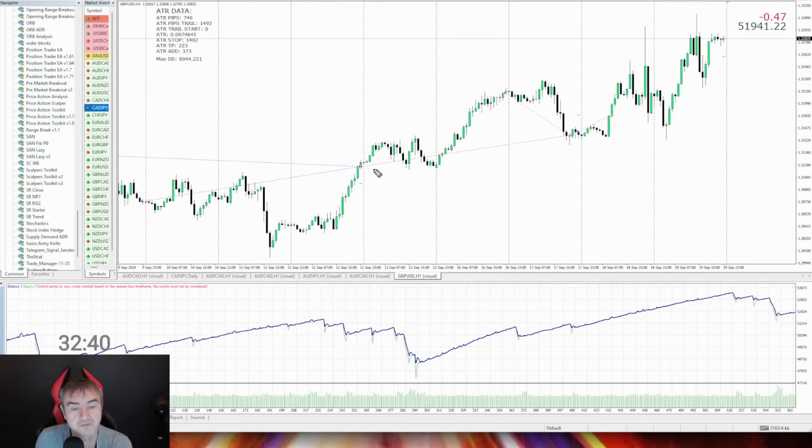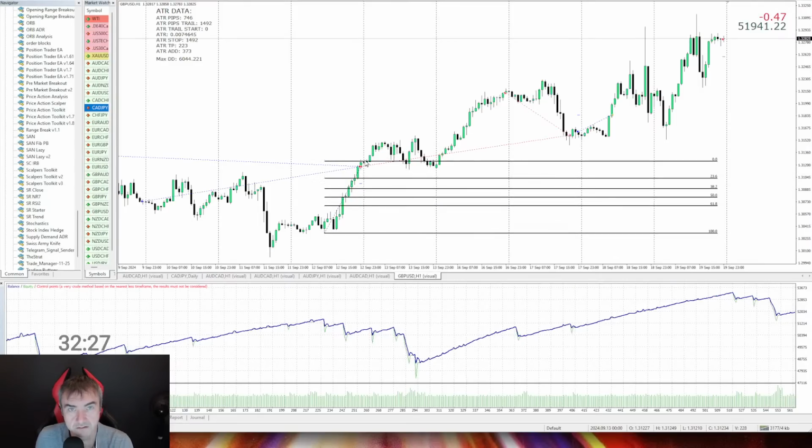When you're coding, what normally happens is you say, give me the high of the day or the low of the day, and it will basically store a price point. What the fib in MetaTrader does is it draws the fib on the chart, and then it uses the level, which is a drawing, to extract the price.